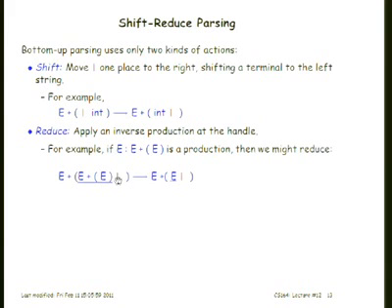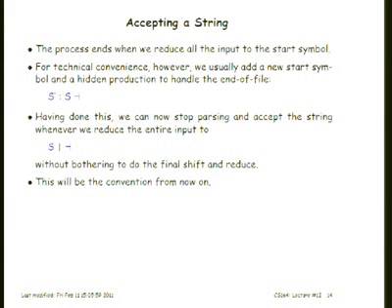That doesn't work that way. The only place that we're concentrating on, the only place we're going to make reductions, is just before this red bar here. So when we have reduced everything to the start symbol, then we're done.